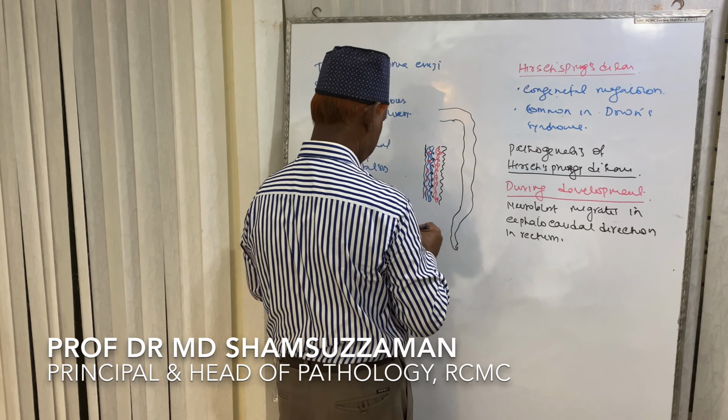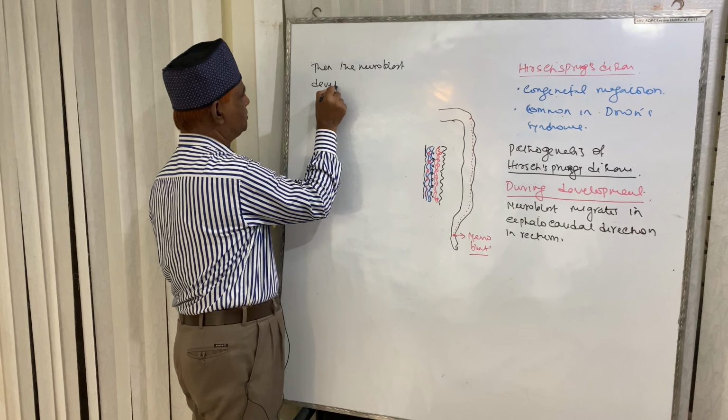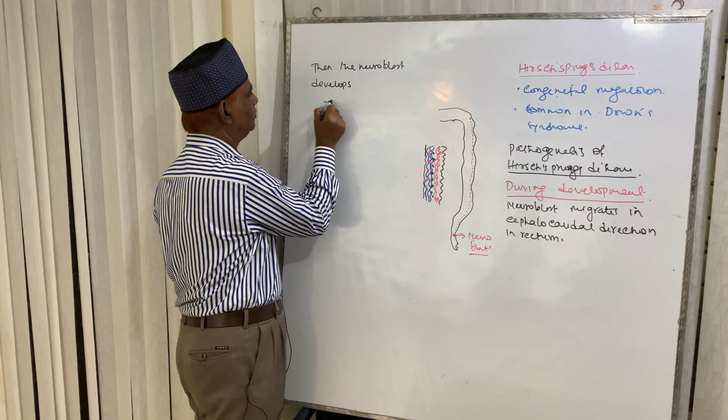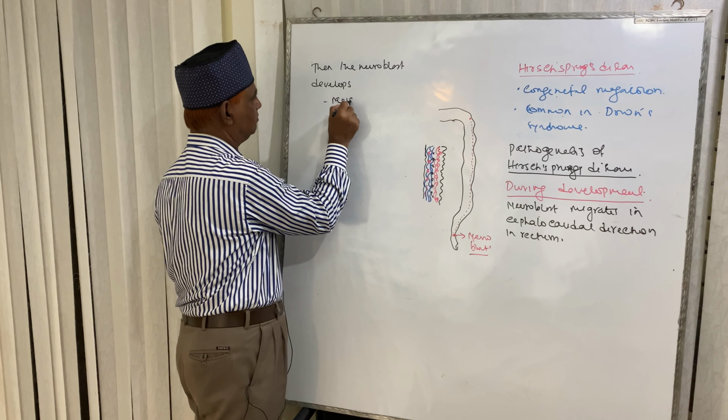Then the neuroblast develops Meissner's plexus and Auerbach's plexus.